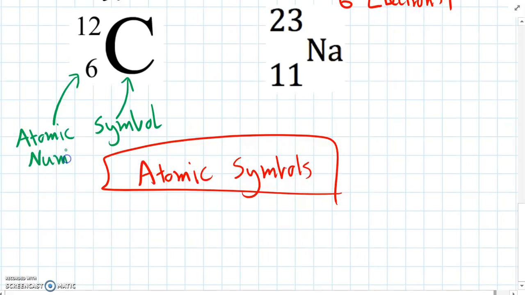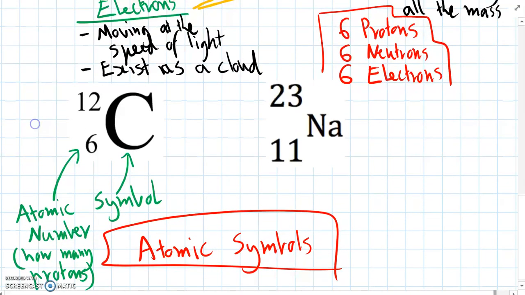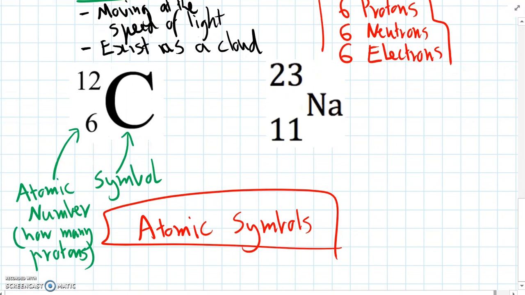And remember that carbon is number 6, and the atomic number tells us how many protons are there. And like we saw before, often it also shows us the number of neutrons and electrons too, but not always.